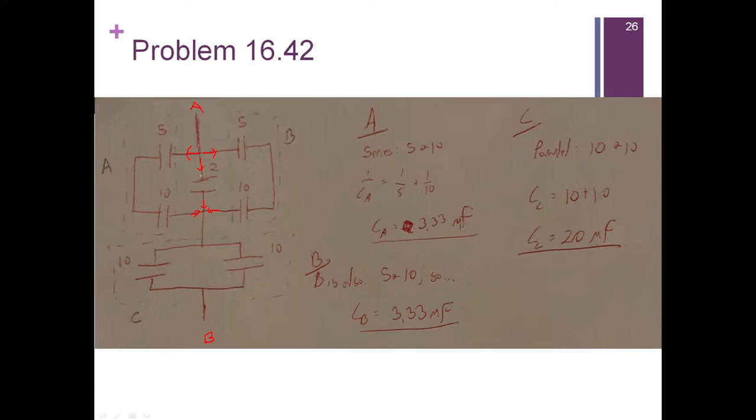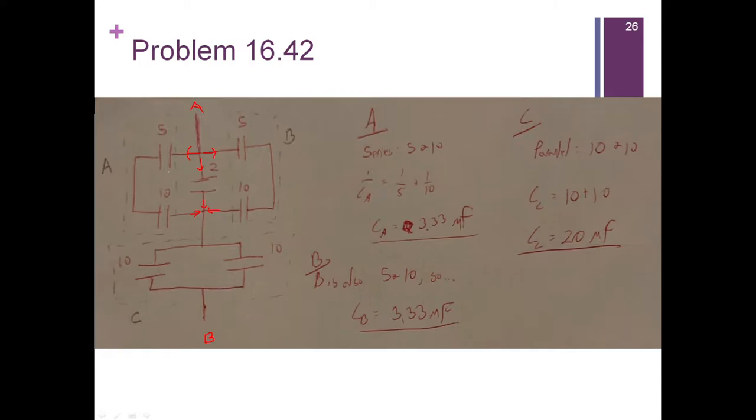But before we can do that, branch A has 2 different capacitors in series on that branch. So if the current branches towards branch A, it goes through the 5 and then also must go through the 10 before it rejoins. So branch A is parallel to branch B and the 2 microfarad capacitor, but it itself has some in-series elements on its branch.